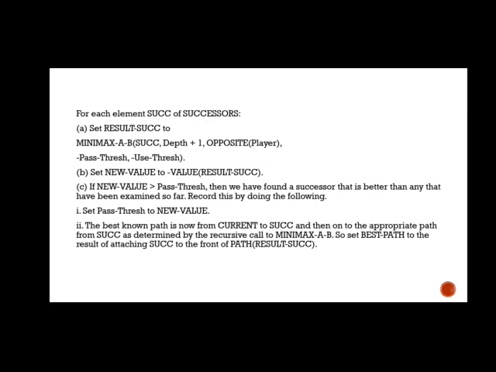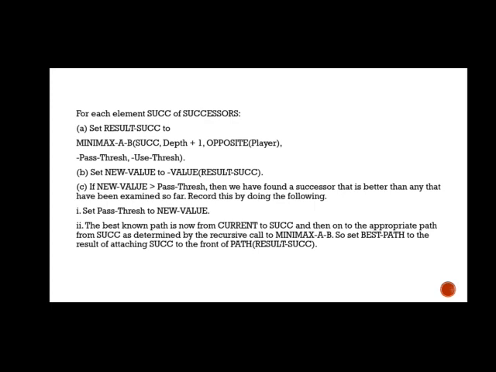If the new value is greater than Pass-Thresh, then we have found a successor that is better than any that have been examined so far. So record this by doing the following steps. Set Pass-Thresh to new value.